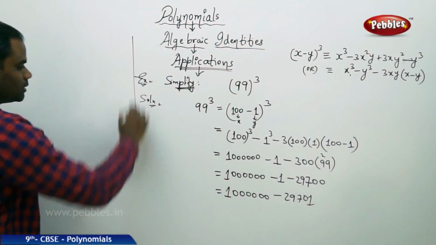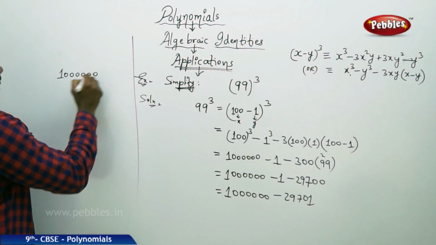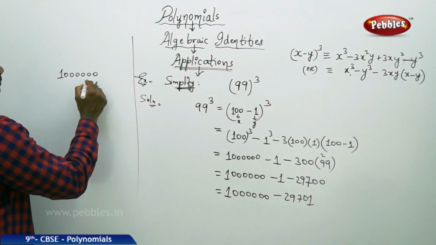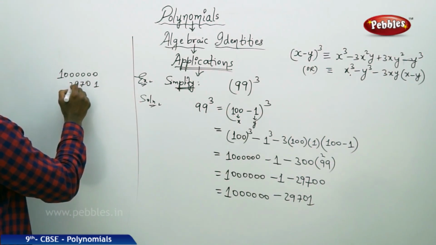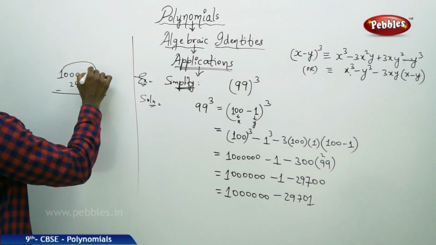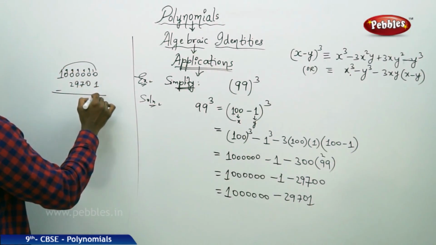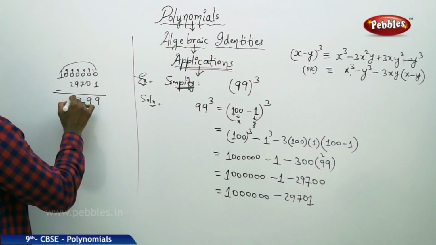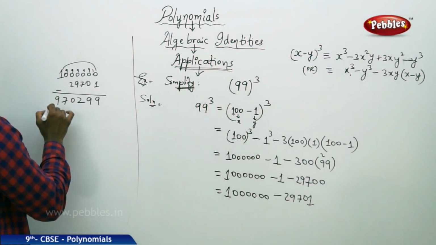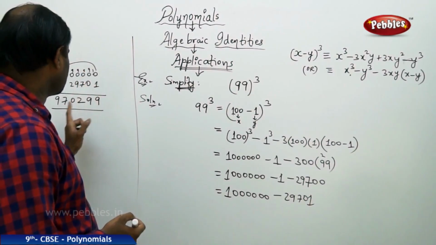As we know the subtraction of 10 lakhs is what we get when we subtract this number from this.